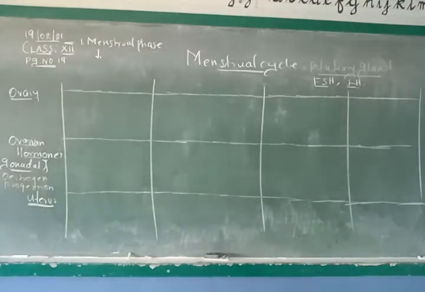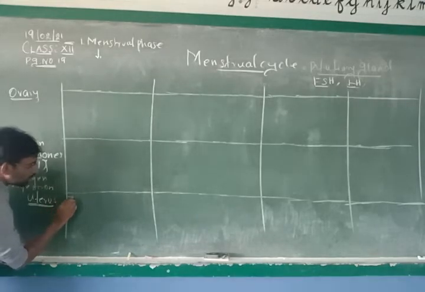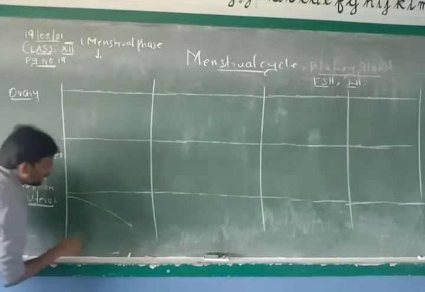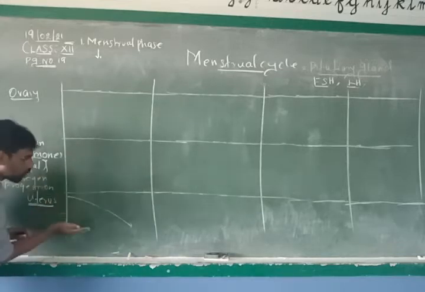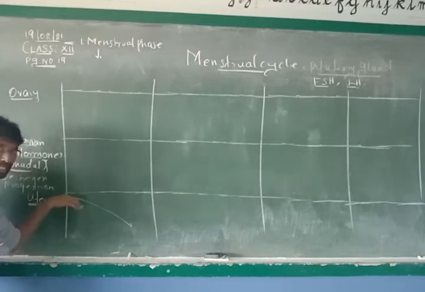Now, in this menstrual phase, the change that takes place in the uterus is that the wall of the uterus, called the endometrium, will start to degenerate. Normally the endometrium should go up, but here the level of the endometrium is decreased.